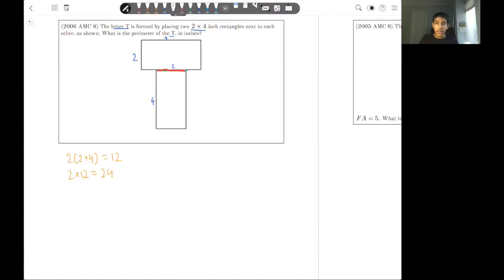So we're overcounting those 2 segments. So in the first rectangle, we're overcounting that length of 2. We don't actually have a length of 2. And in the second rectangle, again, we're counting the length of 2 that's there, but we don't actually have it. Even though we're counting it, it's not there. So we subtract an additional 2. We get 20. So that's the first method. Any questions on that?